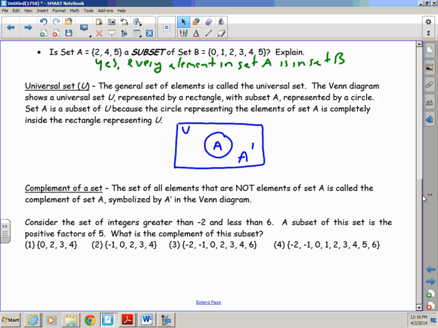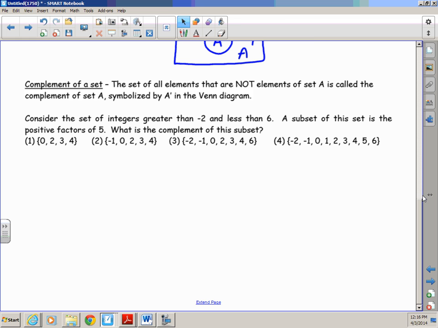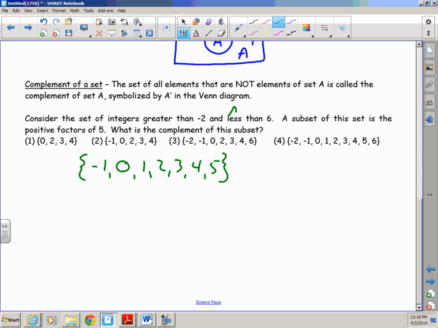Okay, so let's go through an example. I have the set of integers greater than -2 and less than 6. So the first set I have, all right, is -1, 0, 1, 2, 3, 4, 5. Let's call that set A. Okay?